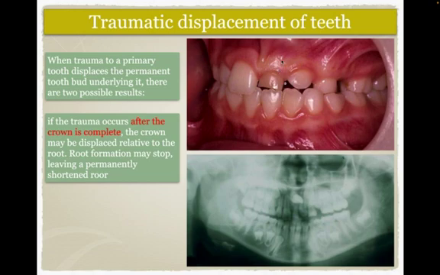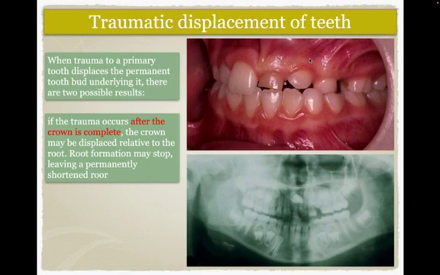This intrusion trauma will result in displacement of the primary tooth within the socket, hitting the underlying permanent tooth. That will result in stopping root formation. That's one option, and that's the least common one. But the most common result of this trauma is a change in the direction of growth. So now the root formation will continue, but it will continue at an angle.